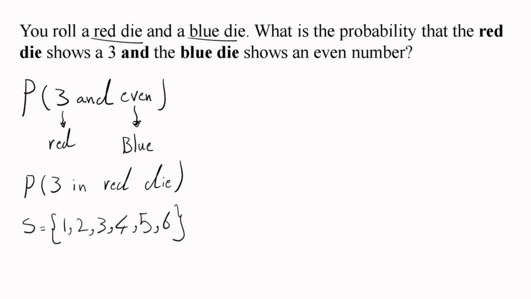I expect you to know that it's not necessary at this point to write the sample space. Okay, how many favorable outcomes do I have? As you can see, I have one favorable outcome. And how many possible outcomes do I have? I have 6 possible outcomes. So it's gonna be 1 over 6 for the red die. And let's find the even in blue die.